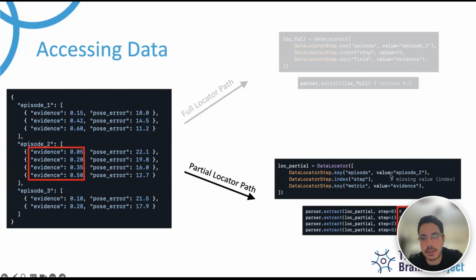So I can just keep that missing, and I can call the same function parser.extract, and I give it the partial locator and then the step that I want. So you don't have to specify all of these steps again. That would be the idea. And then you give it step 0, 1, 2, 3, whatever, and it will just return the right value.